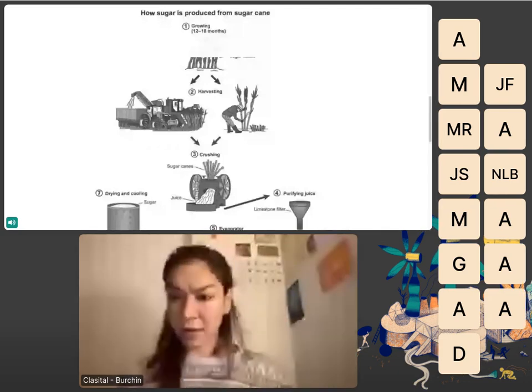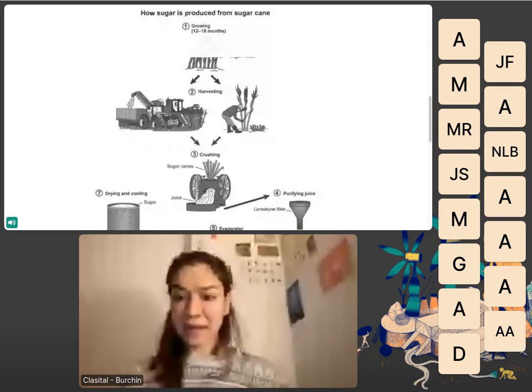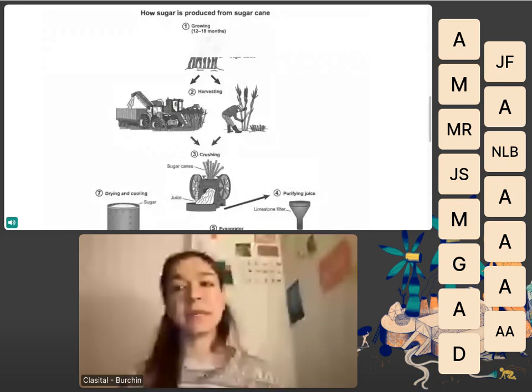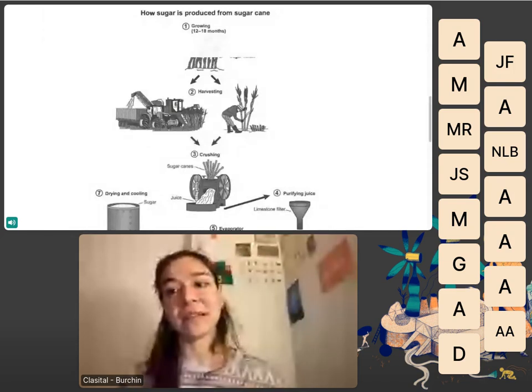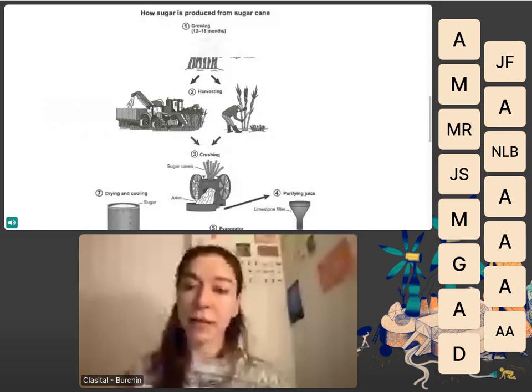Anjali says, then the sugar canes are crushed in the crushing machine and the juice is extracted from it. Okay, nice.